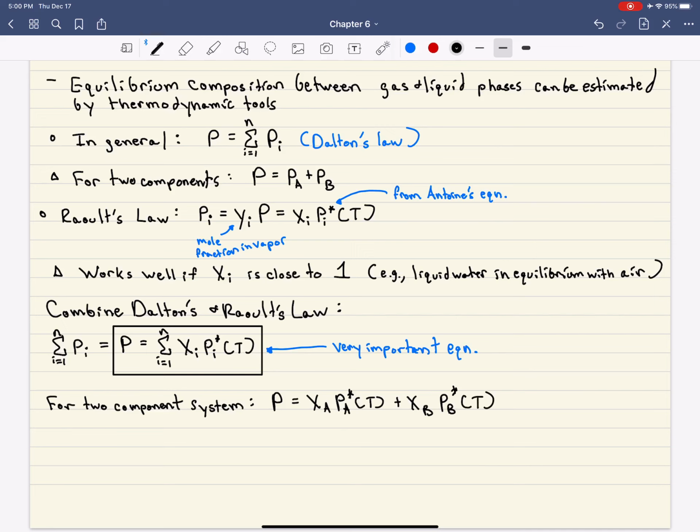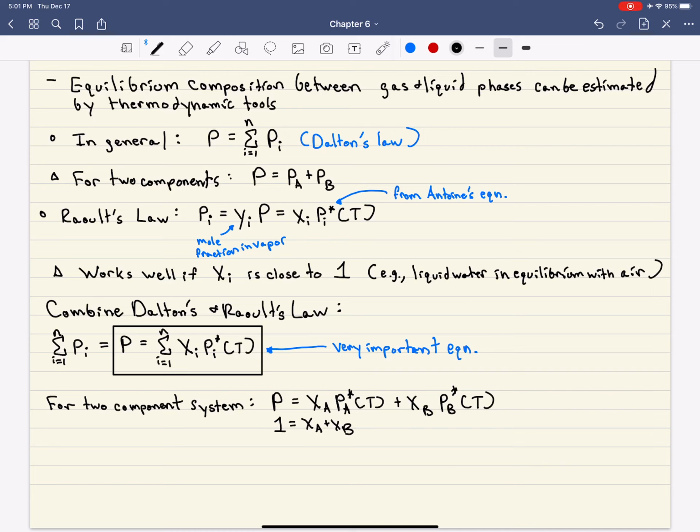And of course, since it's a two-component system, we know that 1 is equal to XA plus XB. Right? And so we could even combine the equations and reduce the number of variables there.